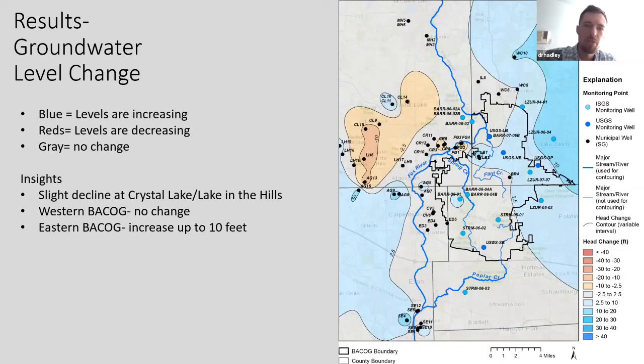So we caution against making really strong definitive conclusions. We don't want you to see this and be extremely alarmed that there was a 10-foot decline at Lake in the Hills, because it could just be a reflection of variable pumping rates at the time that they were taken in July.